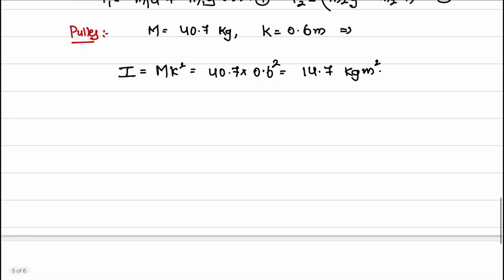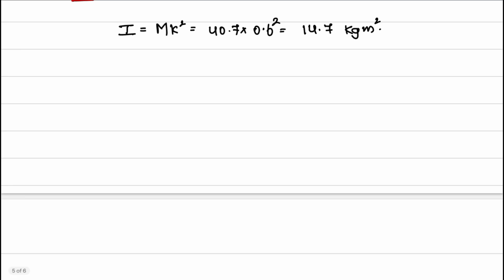Now, I have discussed, once we have this moment of inertia, can we find out what is I by R square?